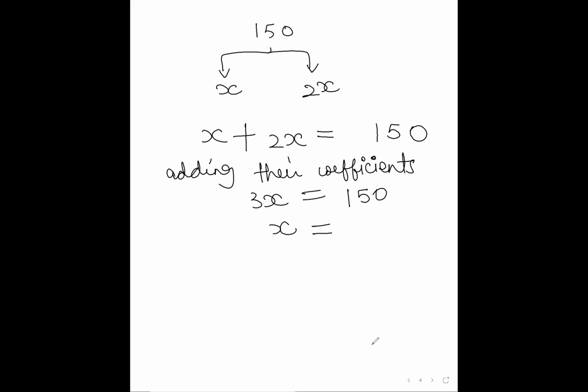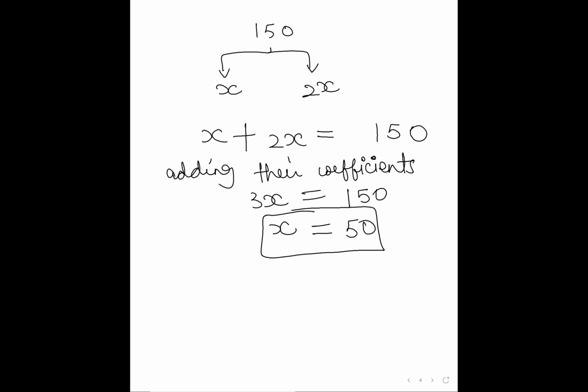Three multiplied, sorry, it will be 50. Yes, x is equal to 50. Very good, very good. x is equal to 50 because it is 150 divided by 3. So very good, Hiba. x is equal to 50.